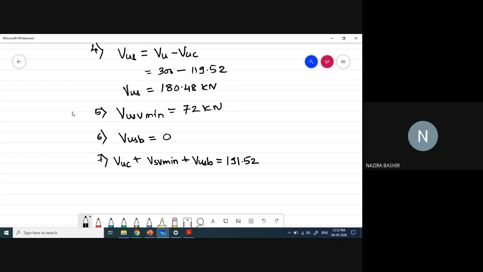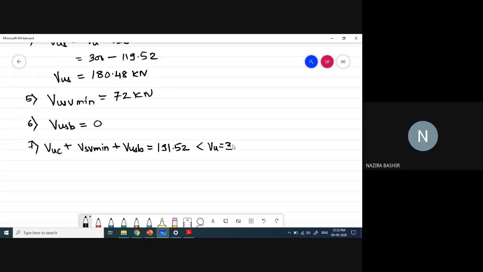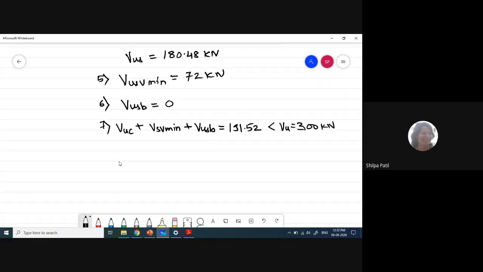Compare this with the VU now. The VU acting in this zone is 300 kilonewton, and this is coming less than VU. So what is the meaning of this?